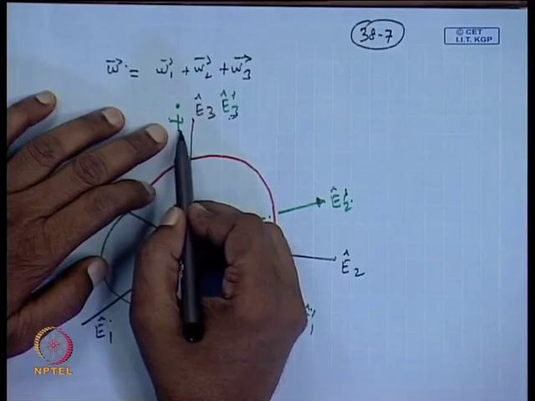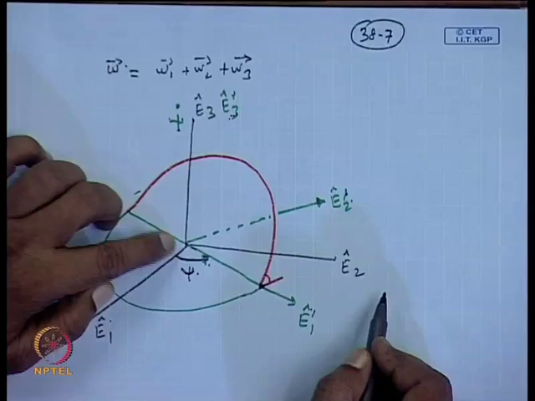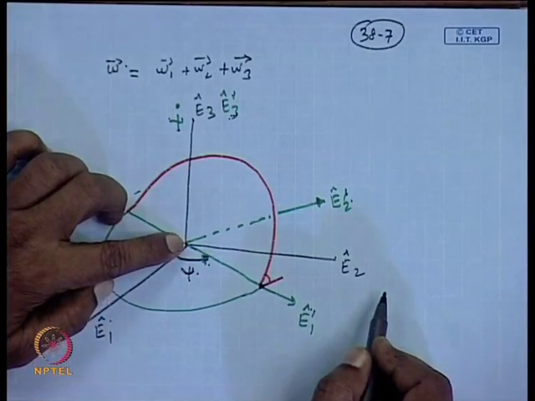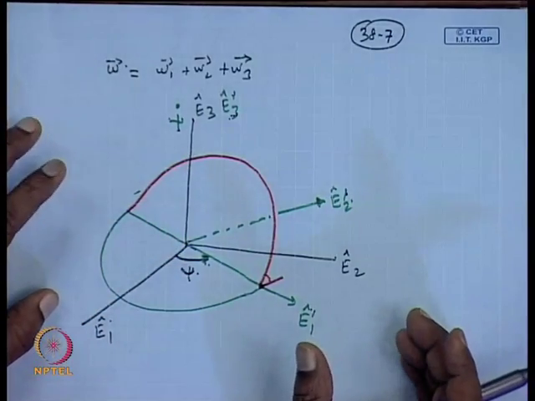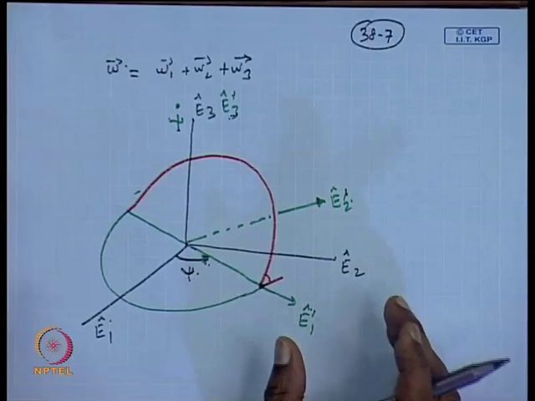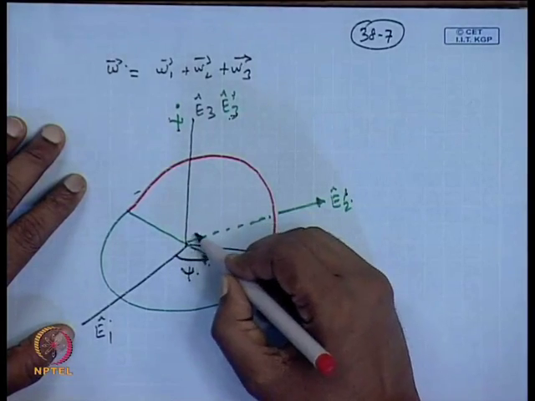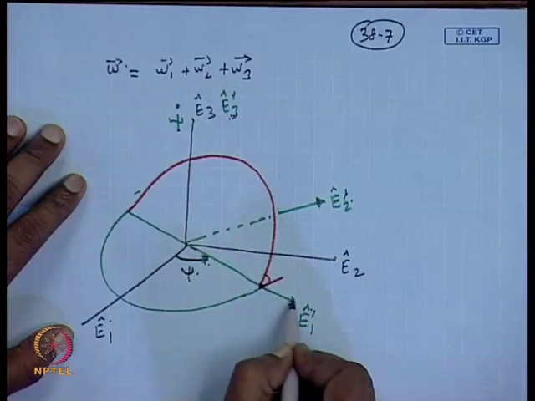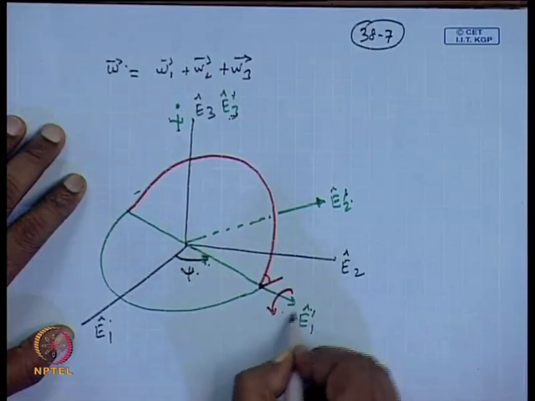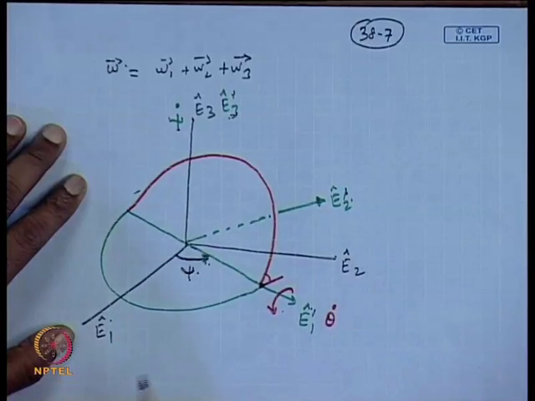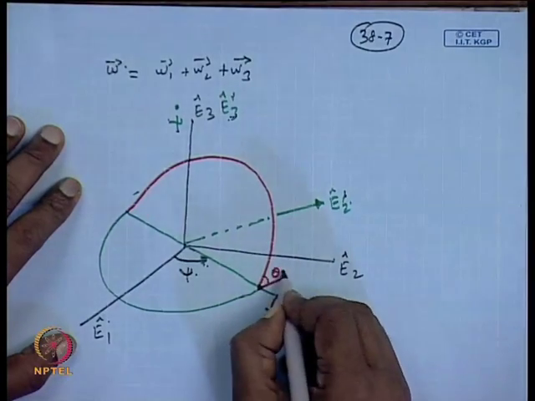So your psi dot is pointing there, and you want to convert it into omega 1, omega 2, omega 3. So we need to work a little more. The next vector is, once we rotate next by angle theta about this, the theta dot turns out to be in this direction, and this will rotate by theta.